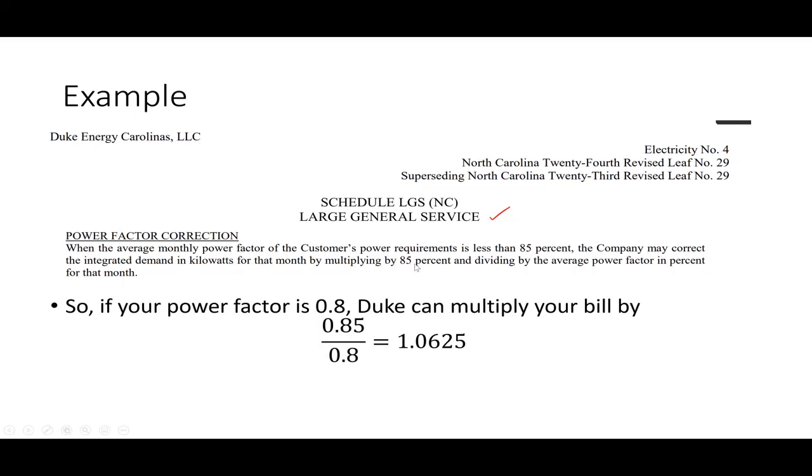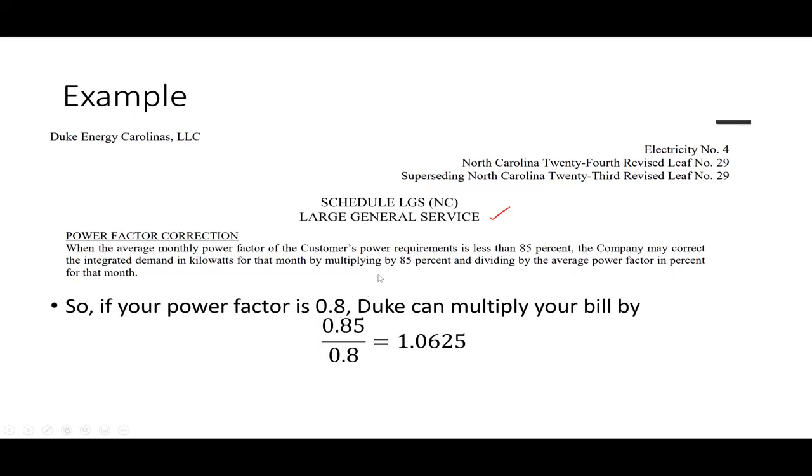There's a lot of words there. Basically what it says is if your power factor is less than 0.85, they will multiply your bill by 0.85 divided by your actual power factor. Let's say your power factor was 0.8.